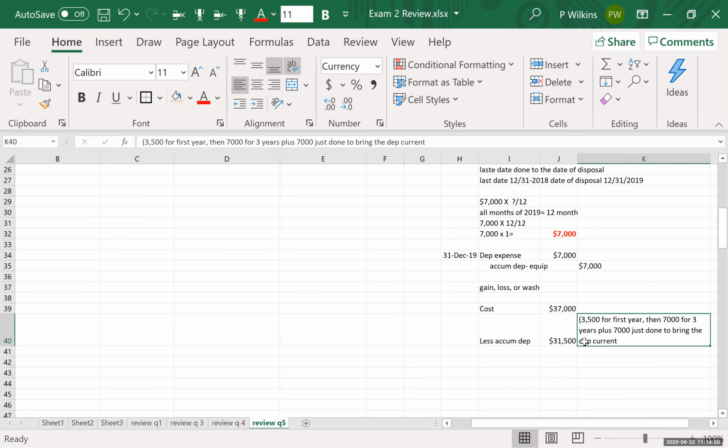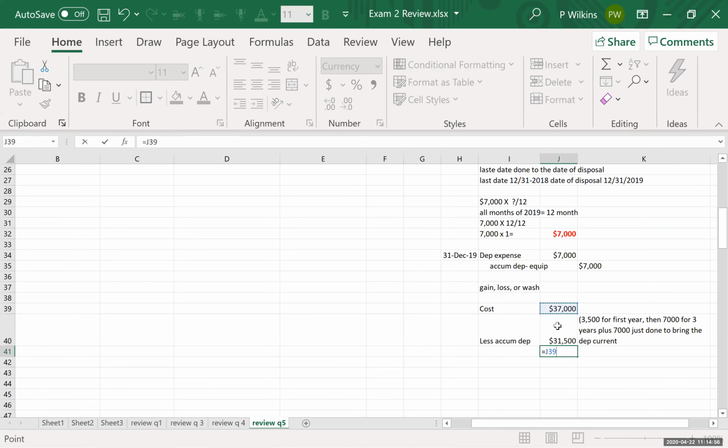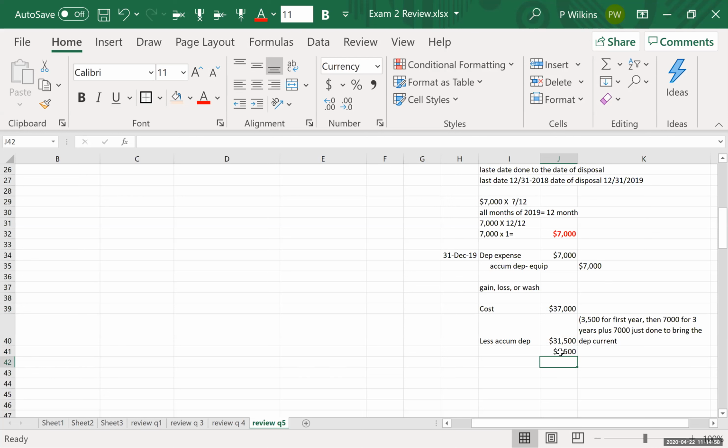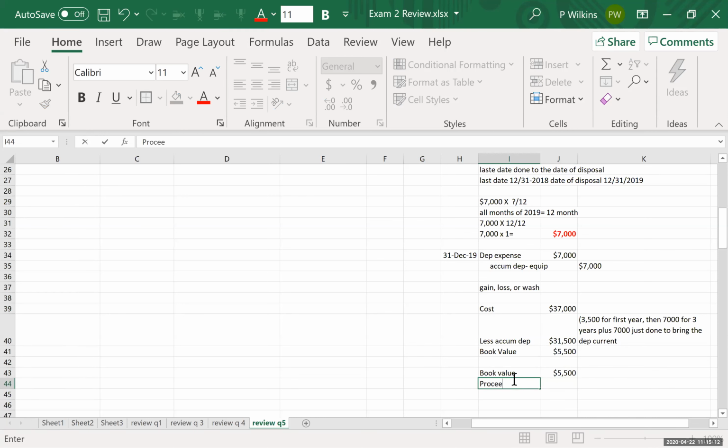All right. So we have a cost of 37,000, accumulated depreciation of 31,500. So we subtract that from 37,000. So now we have a book value of 5,500. We take our book value of 5,500 and we subtract the proceeds.